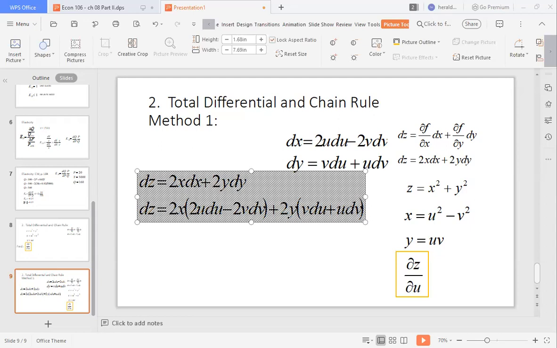So that will be dz, that is 4x u plus 2 dv.